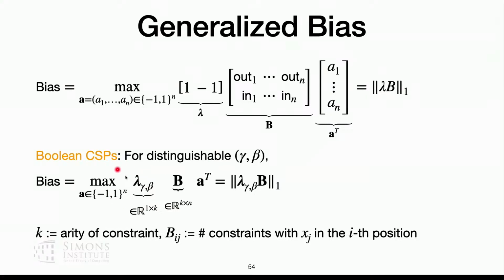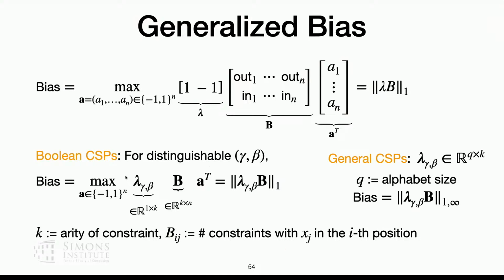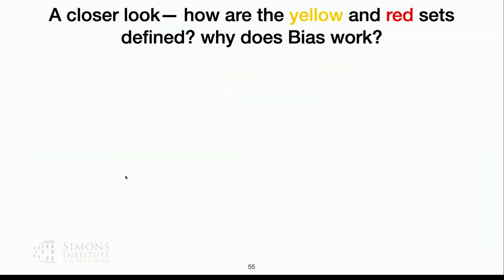And these weights just tell you roughly how important each coordinate is. And the bias is again the same thing, where you're computing the L1 norm of this whole quantity. And this turns out to be the general bias notion that helps us distinguish distinguishable gamma beta instances. And even for arbitrary CSPs, we have an even more general notion. So it's a very, very high level look at how this bias works.